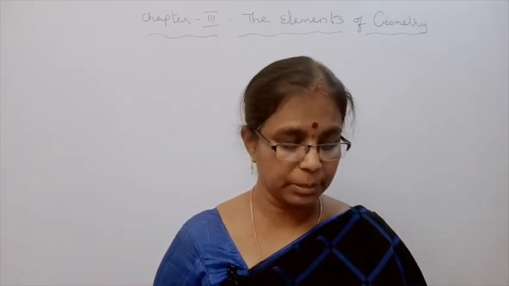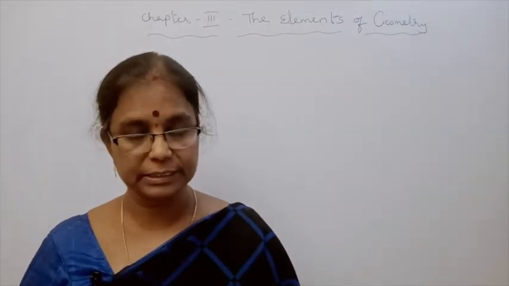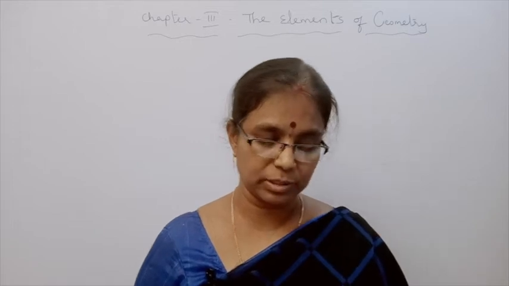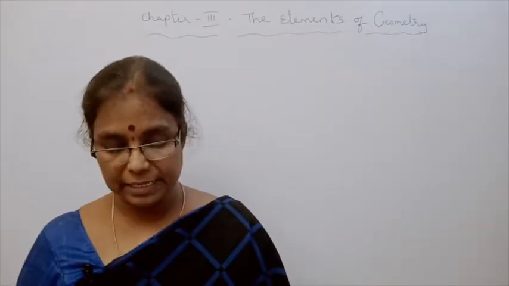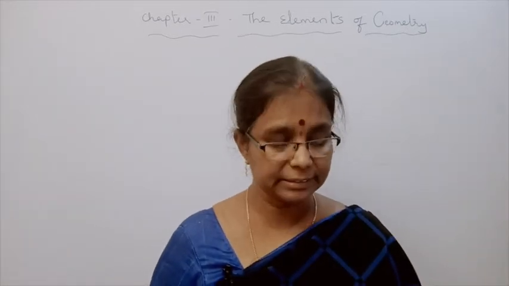Baudhayana composed the Baudhayana Sulabha Sutra, the best known Sulabha Sutra, which contains examples of simple Pythagorean triples 3, 4, 5; 5, 12, 13; 8, 15, 17, as well as the statement of the Pythagorean theorem for the sides of a right angle triangle.